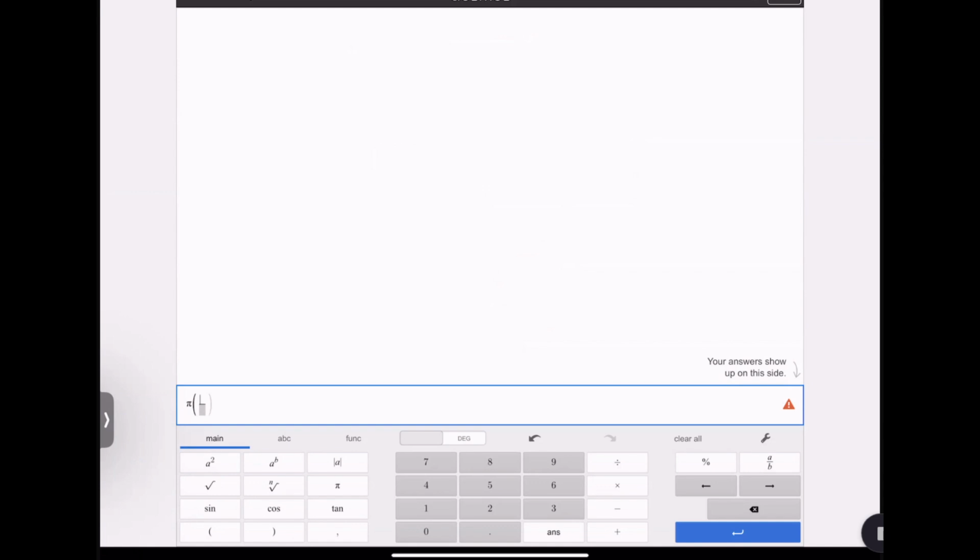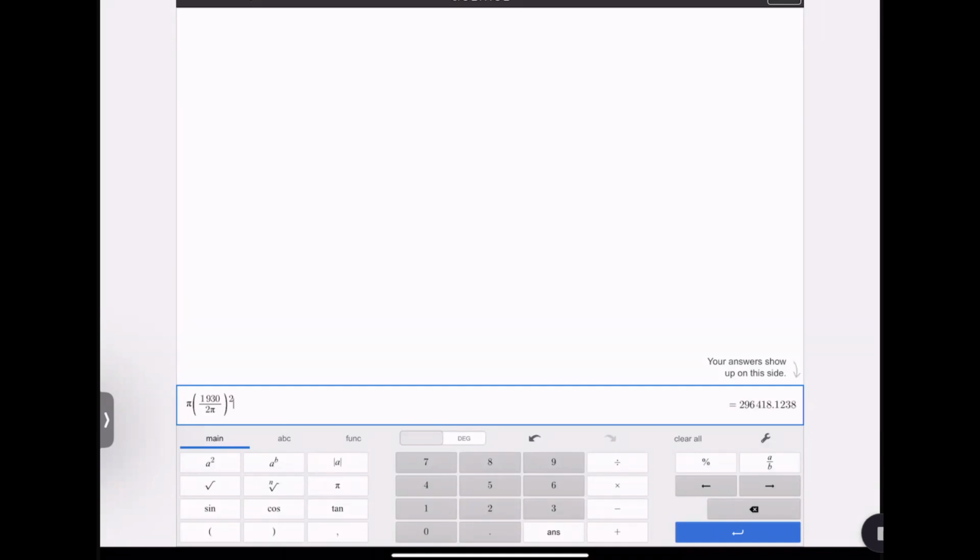And the top was what? 1930. Is that right? And it's over 2 pi. And then I have to square it. Look at that! By golly gee, it's there.